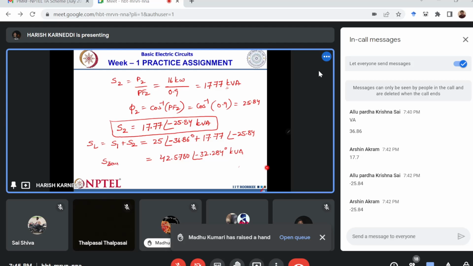This is S source at an angle of phi. Therefore, the power factor seen from the source side is cos of phi, right? That equals cos of minus 32.284.